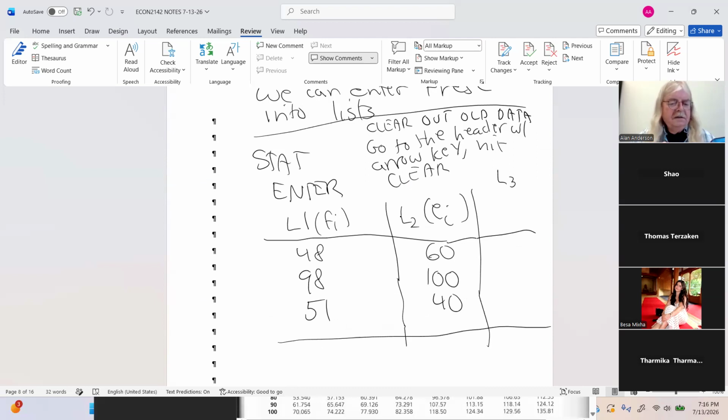Do that first and prepare to be amazed by what this thing is capable of. So we're going to go to the top of L3, the header that is.